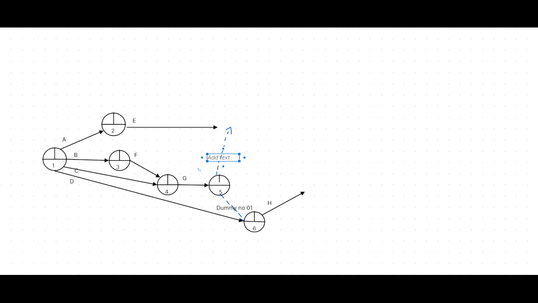Then we can complete EG via the dummy after the seventh event. Then you can start. After completing EG, we can start I.